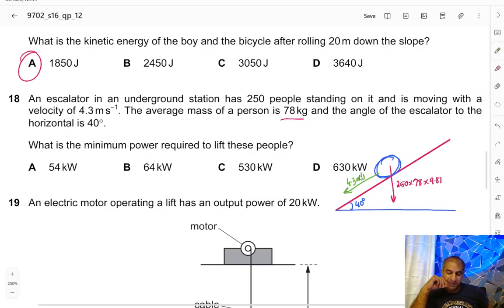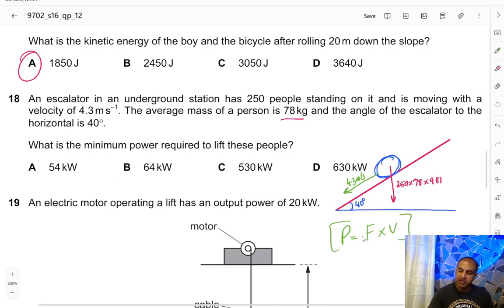Okay. Next step, what is the minimum power required? Minimum power would mean that there is no frictional force. Let's assume that the minimum power would ignore the frictional force. So let's just work this out. And for the power, there is a shortcut formula. Power is equal to force times velocity.